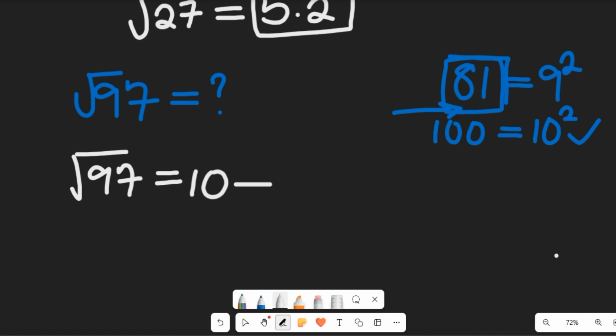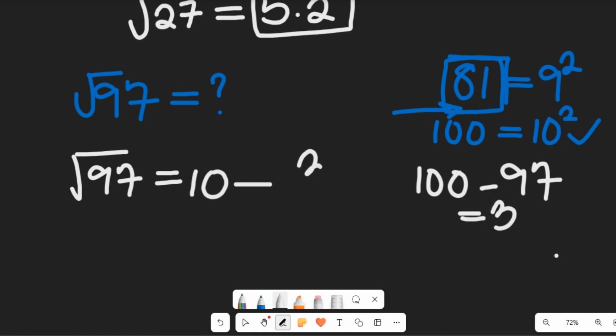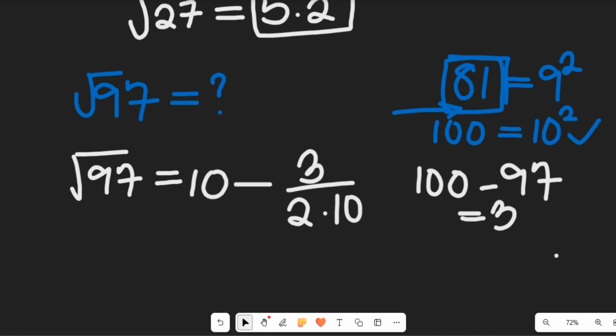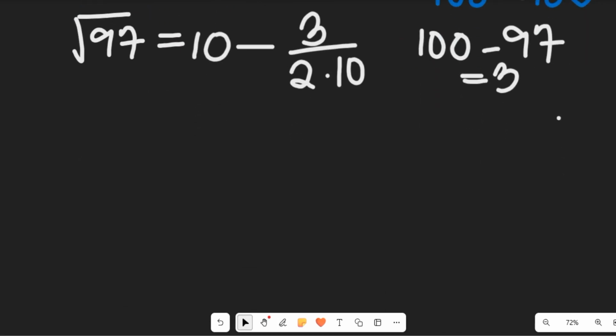So the next thing we will do is 100 minus 97, which gives us 3. So that 3 we write here, divided by, remember I told you that 2 is always constant, multiplied by this 10, we put this 10 here. So what we do now is simplify this one.